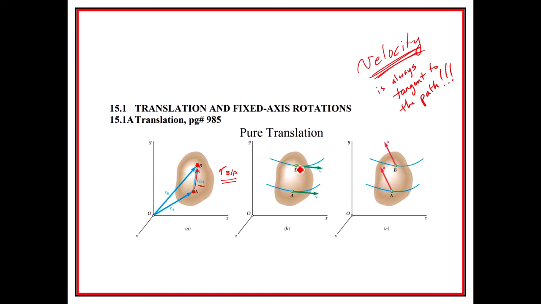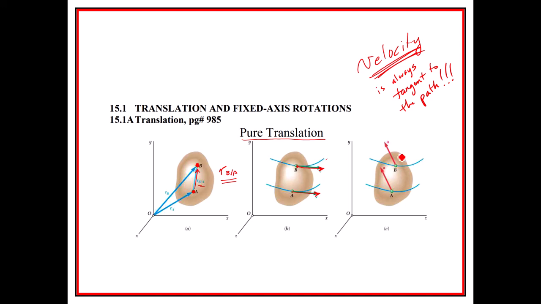So if that's true and we have something that's in pure translation, then both of these velocities need to be parallel with each other. And if that's the case, then it's in pure translation. And the paths are also parallel lines, and these velocities are tangent to that path.